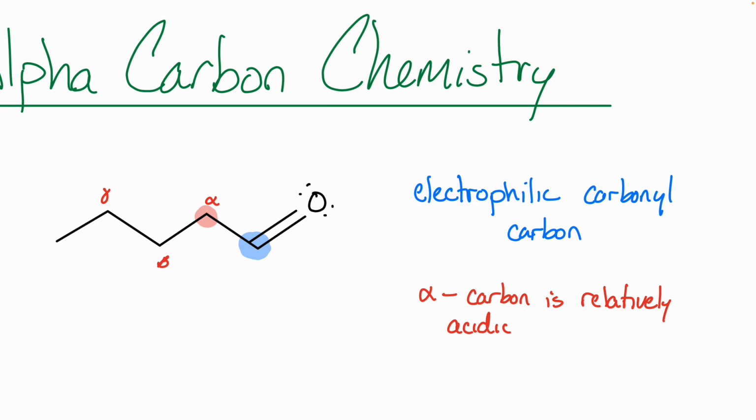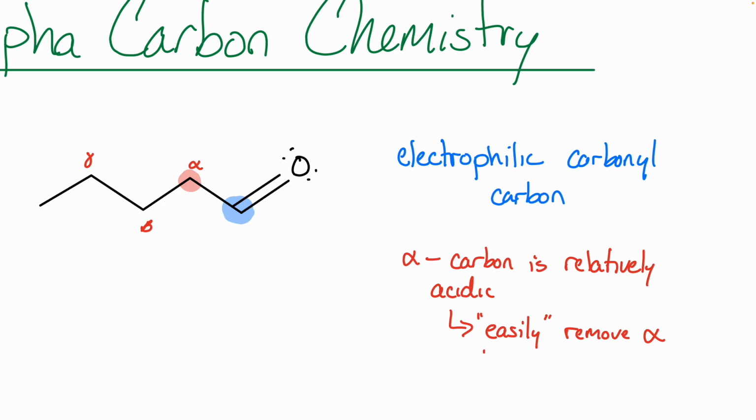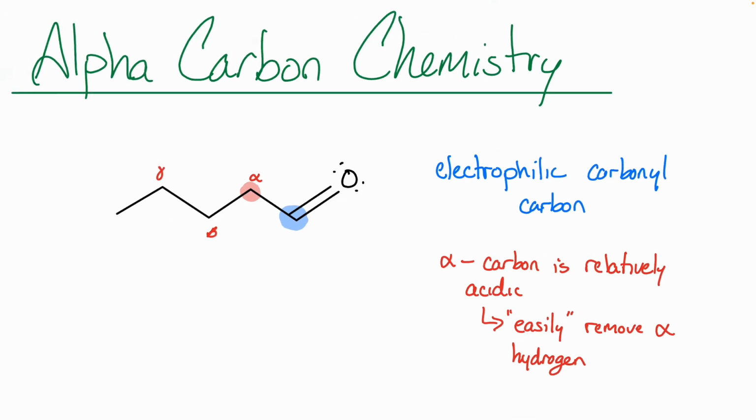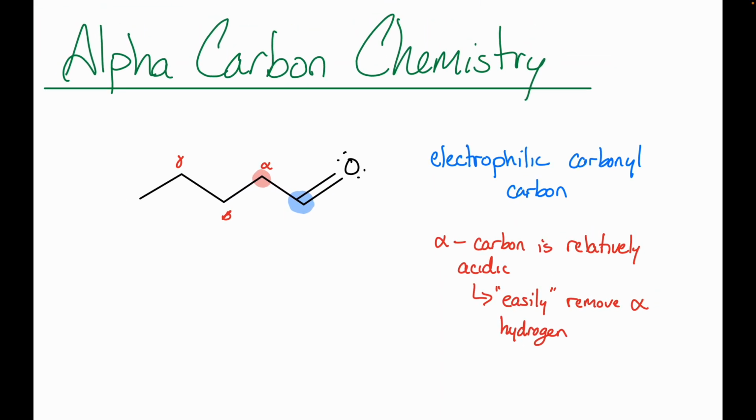But what I mean by acidic here is that it will donate that proton, or rather, you can easily, put that in quotes, not crazy easily, remove that alpha hydrogen. Okay, so the hydrogens on these alpha carbons, you don't need anything crazy strong of a base to remove it.